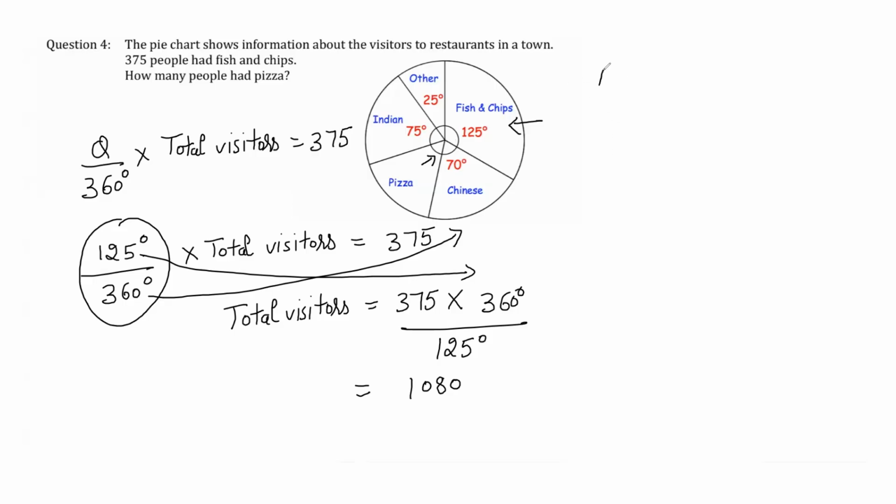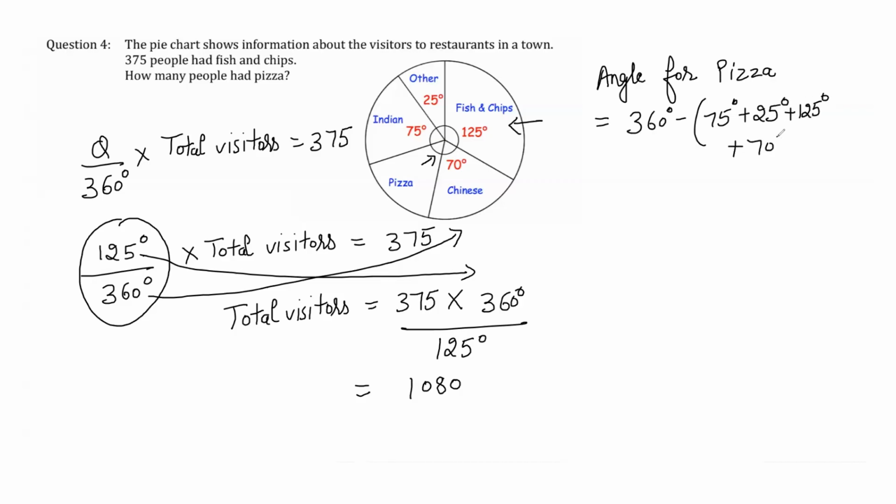So first we will find out the angle for pizza, which is equals to 360 degree minus 75 degree plus 25 degree plus 125 degree plus 70 degree. So that would be equals to 360 degree minus 295 degree, which is equals to 65 degree.